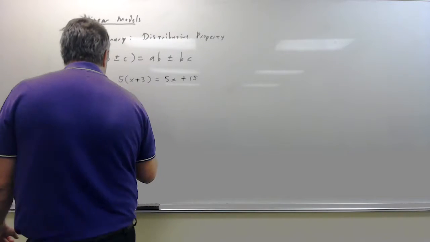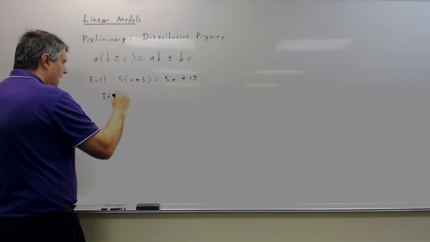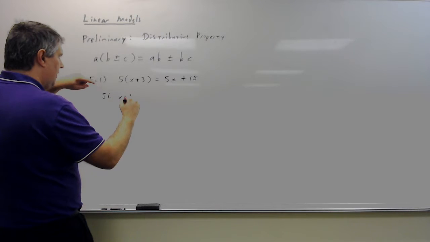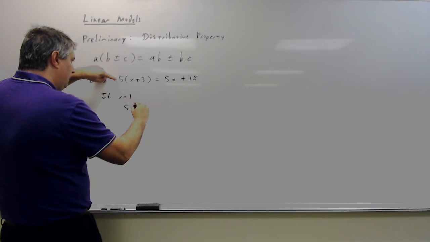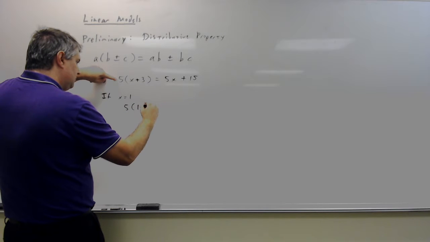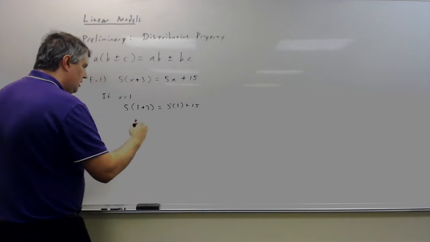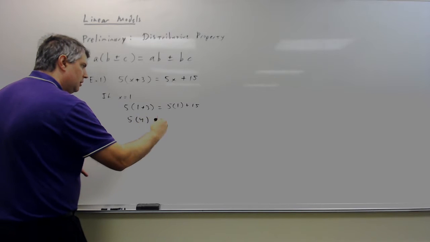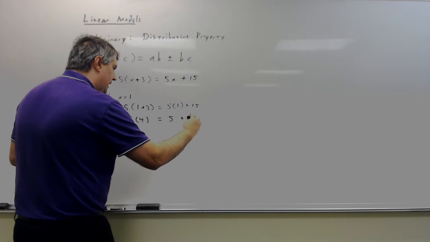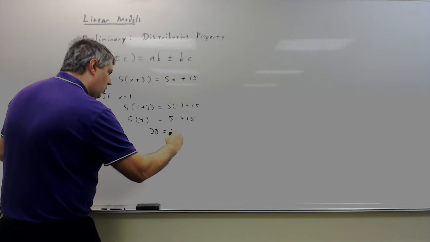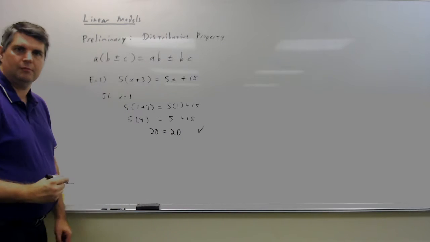So, if x equals 1, I have 5 times 1 plus 3 equals 5 times 1 plus 15. That's 5 times 4. That's 5 plus 15. And 20 equals 20. Okay?